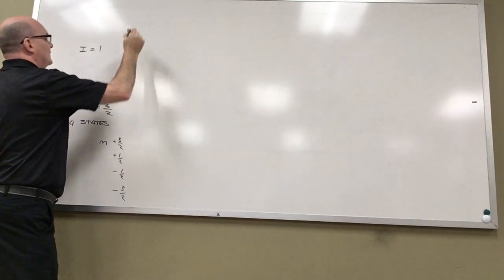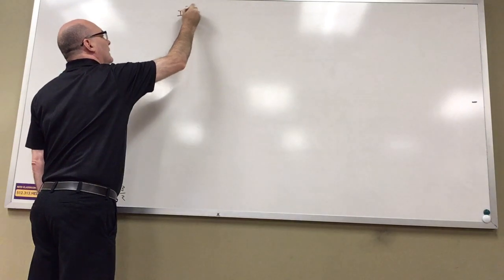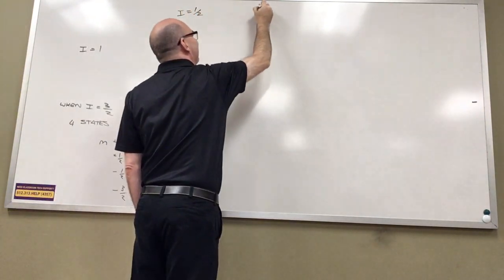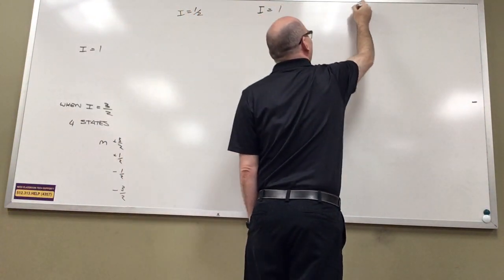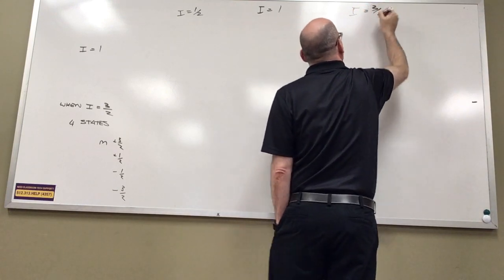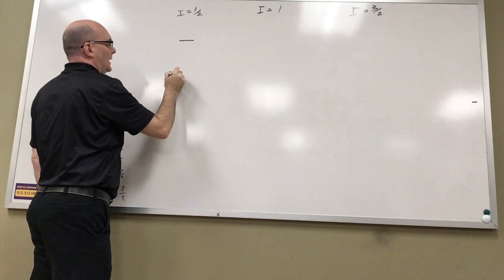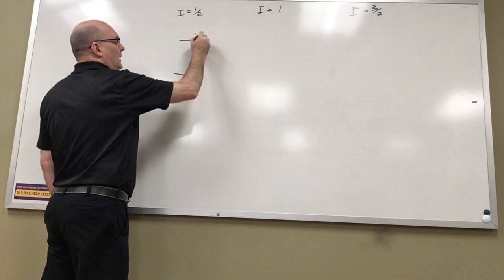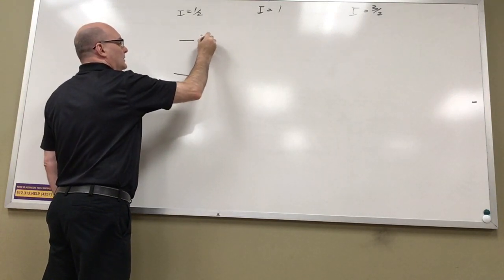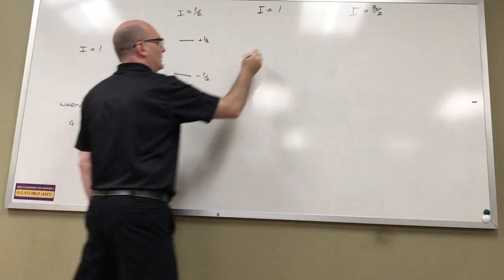If I have I as a half, I get 2 states, and they were plus a half, minus a half.